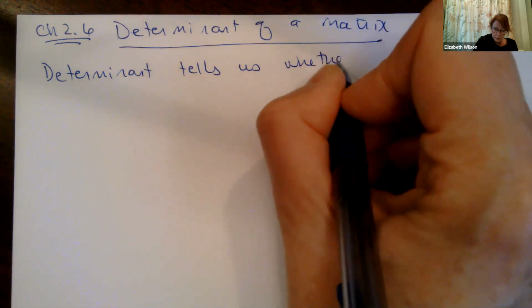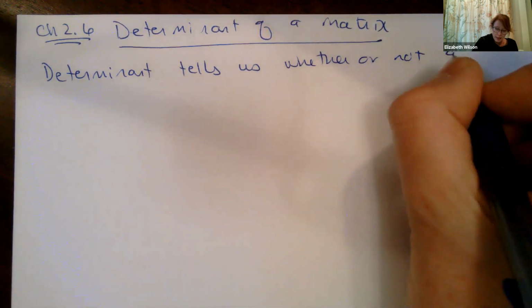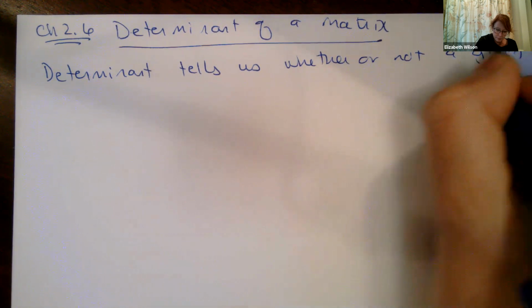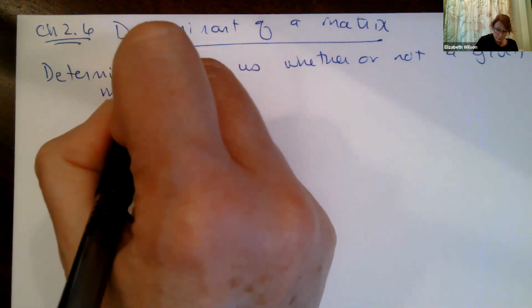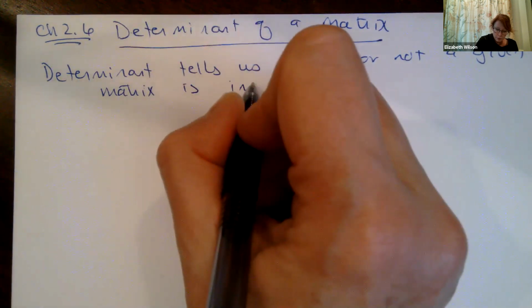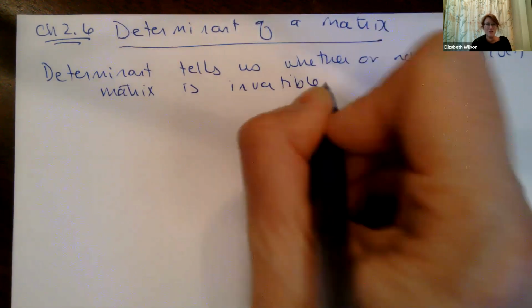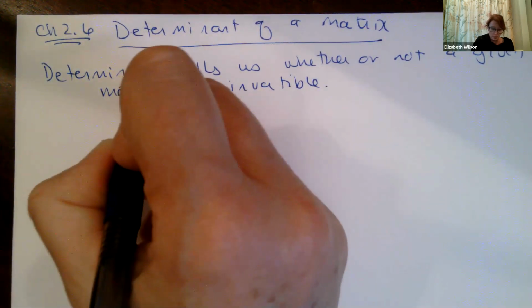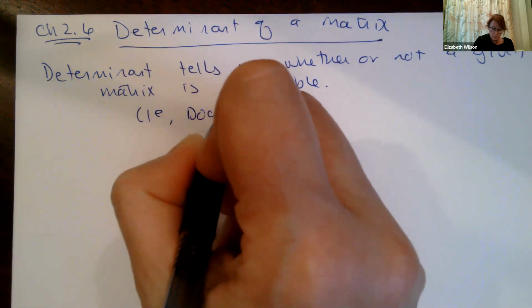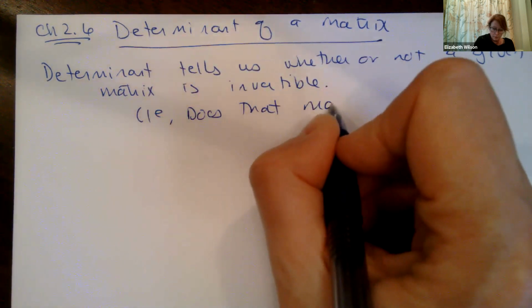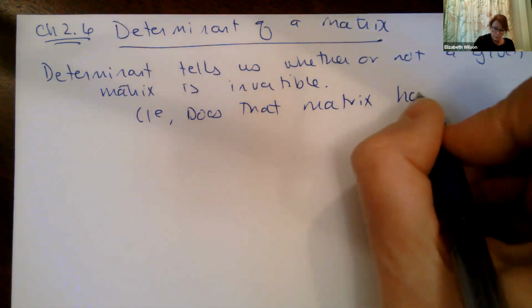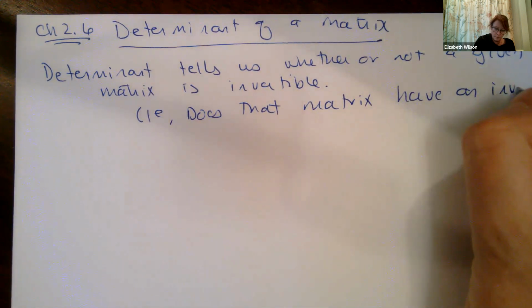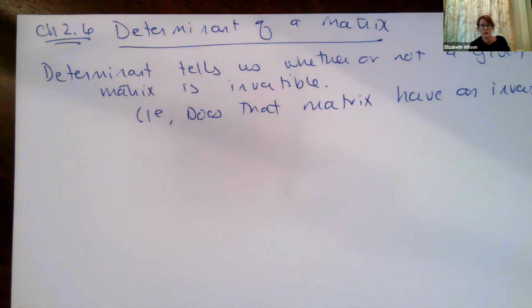One of the biggest things it tells us is whether or not a given matrix is invertible, right? Does that matrix have an inverse? And that's important for transformations, because if a matrix has an inverse, then I can do the transformation and then go back to where I was originally.